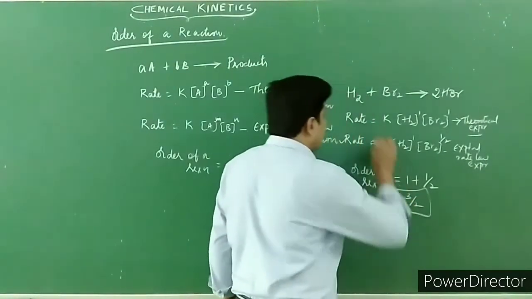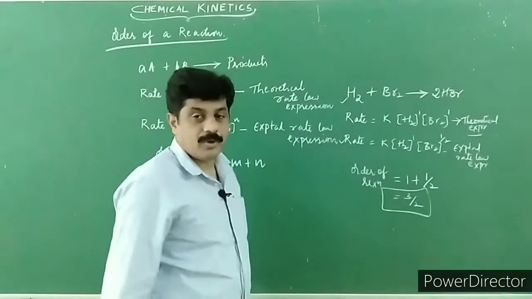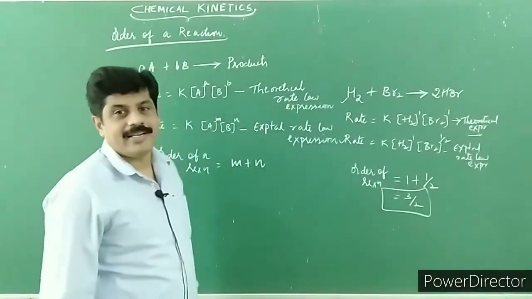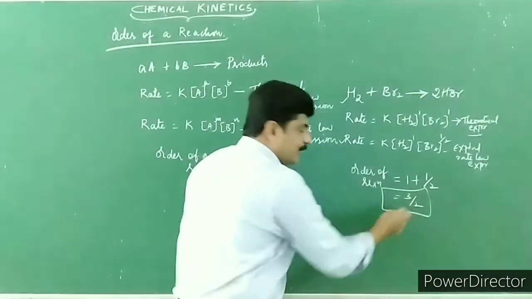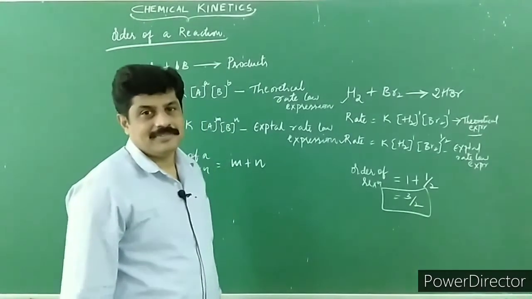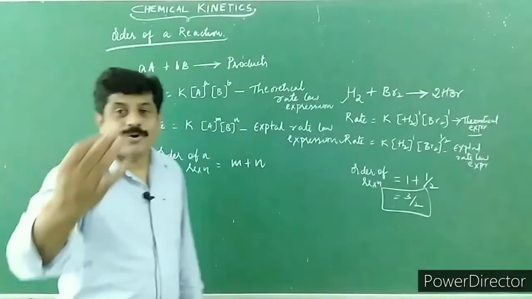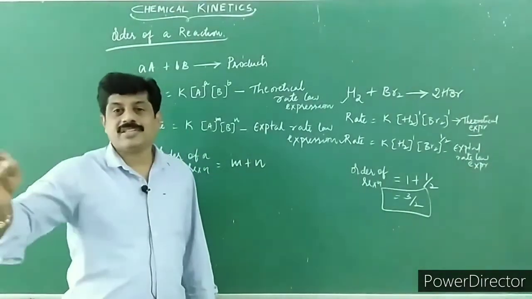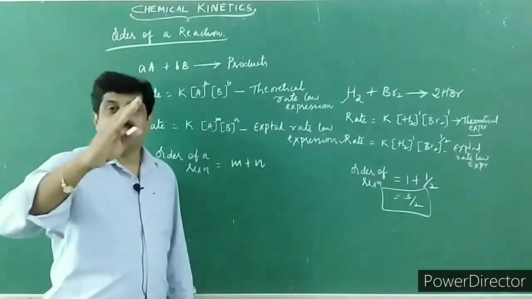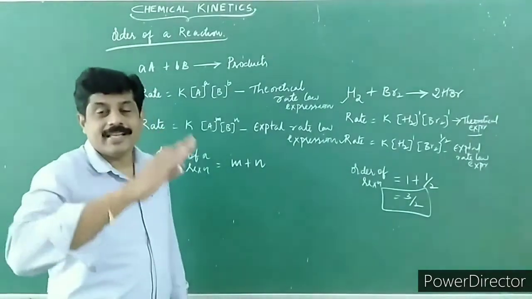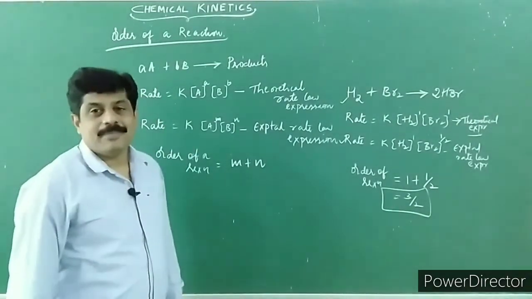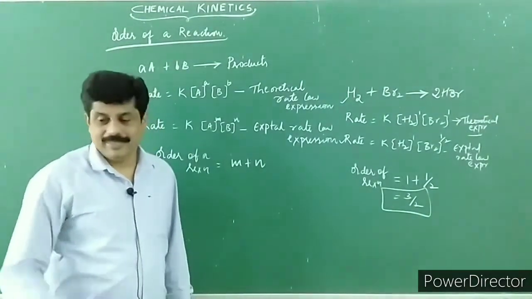So order of reaction for hydrogen combining with bromine to form hydrogen bromide is 3 by 2, a fraction. Children, hope you understand. Now I'm going to find out different kinds of order of reaction, which is based on the value of the coefficient in an experimentally determined rate law expression. Let me take up that.